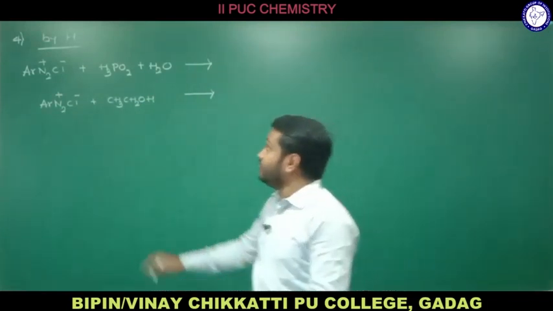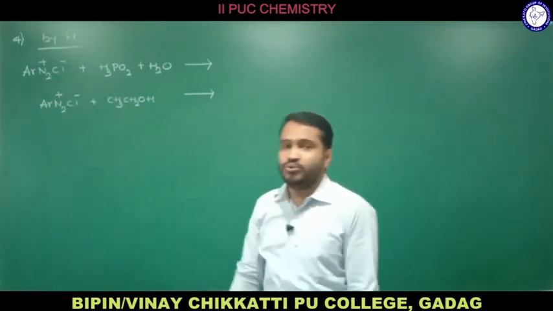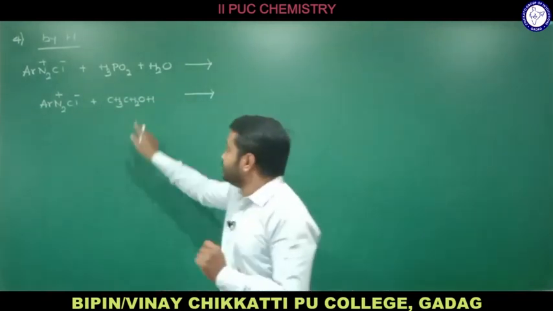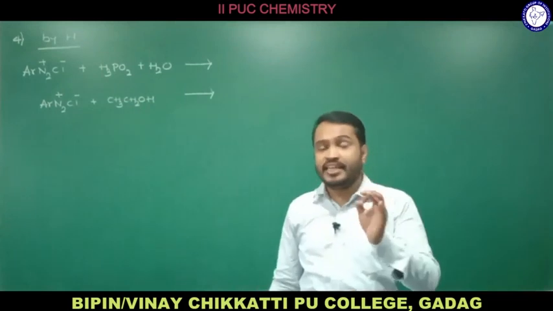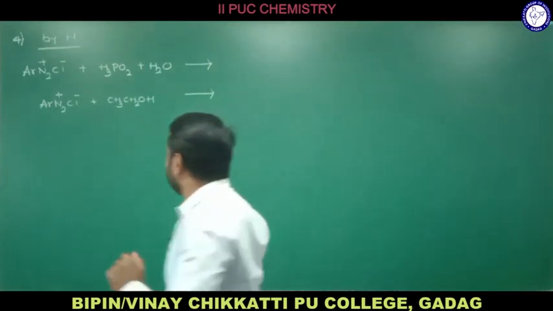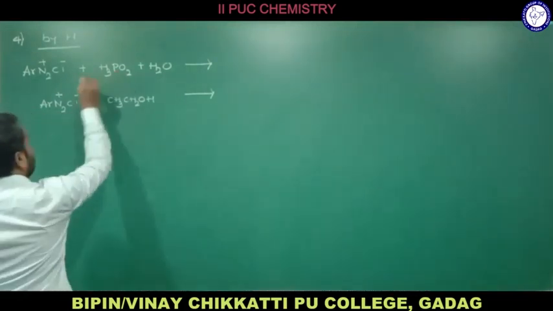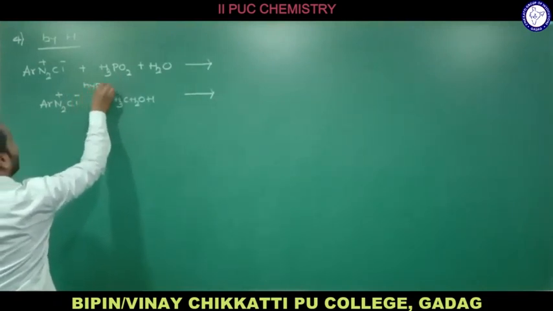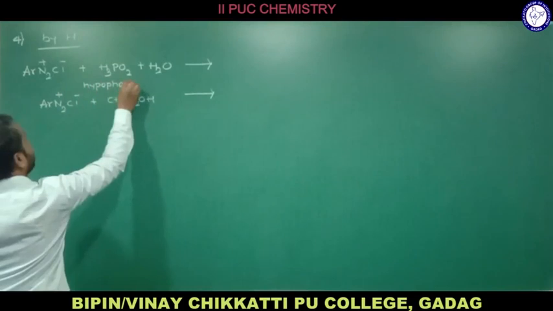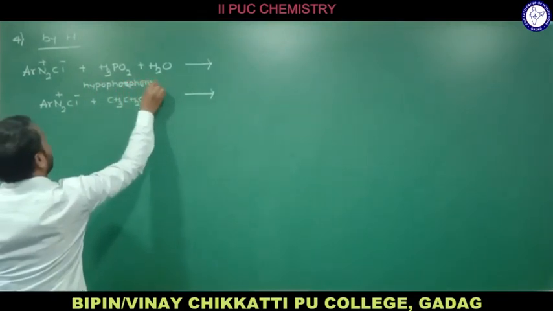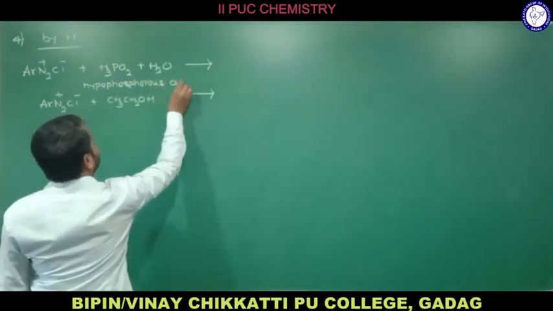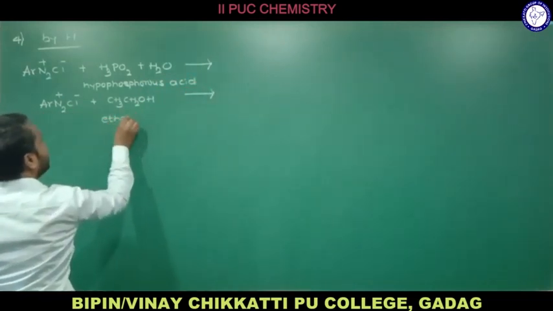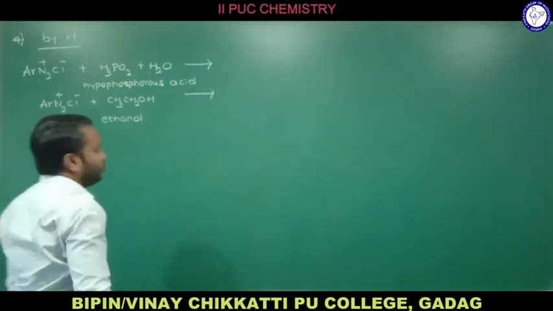In the first one I considered H3PO2, hypophosphorus acid, and CH3CH2OH is ethyl alcohol, ethanol. The names of these compounds I write here: hypophosphorus acid, and we know this one, ethanol or ethyl alcohol.